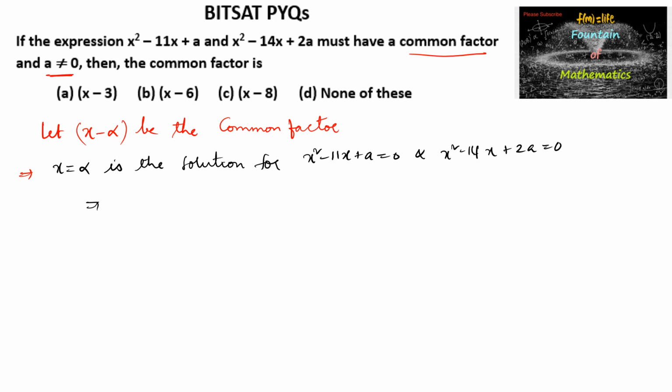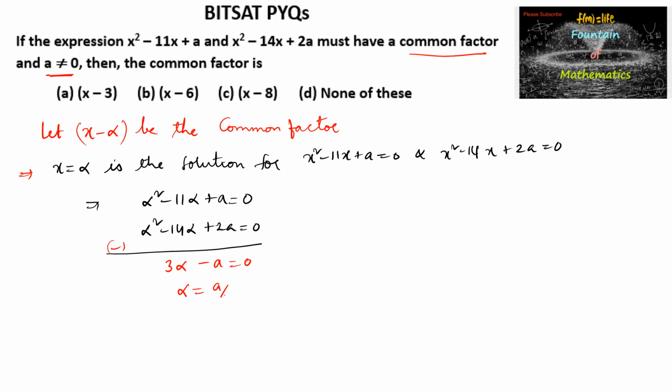So we can simplify here: alpha square minus 11 alpha plus a is equal to 0 and alpha square minus 14 alpha plus 2a is equal to 0. By solving these both, by subtracting, we'll be getting here minus 11 plus 14, that is 3 alpha, and again here minus a is equal to 0, which implies alpha is equal to a upon 3.